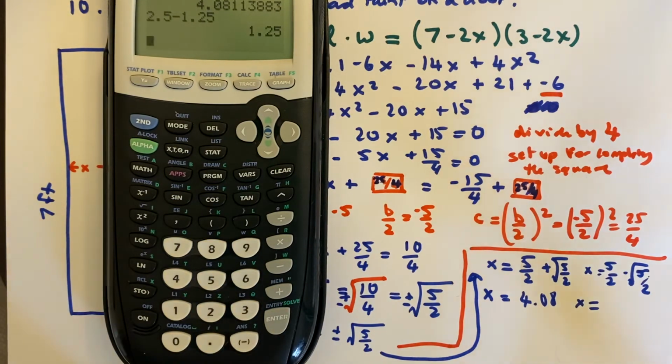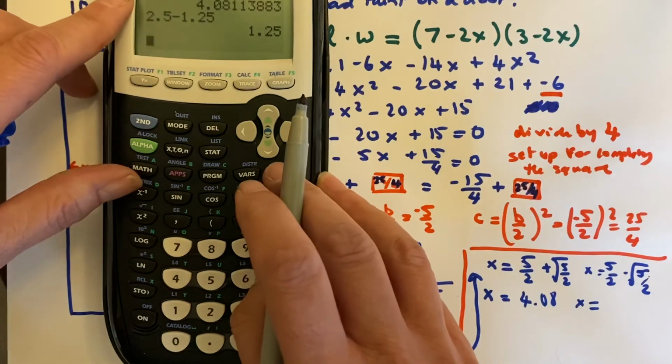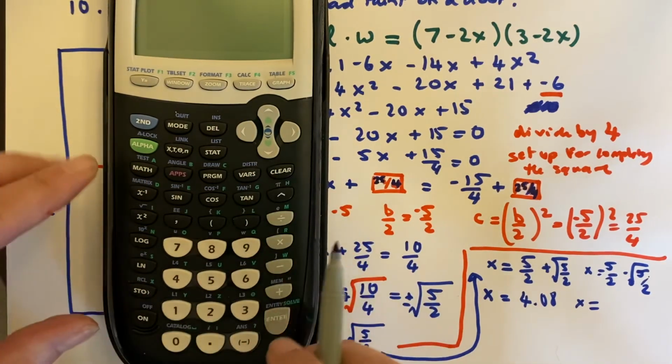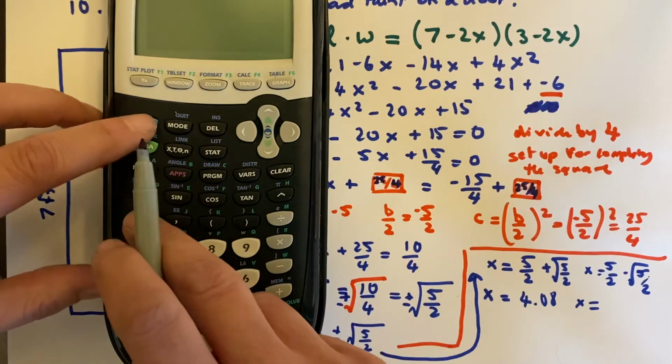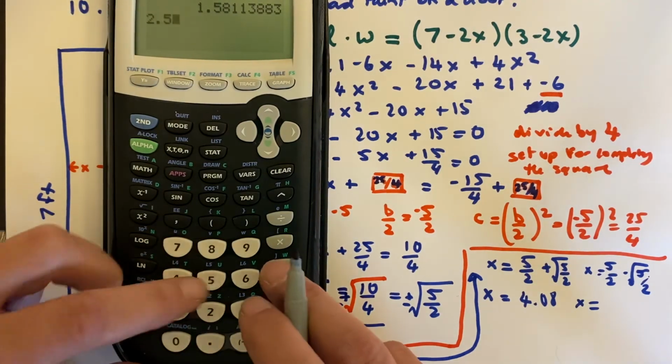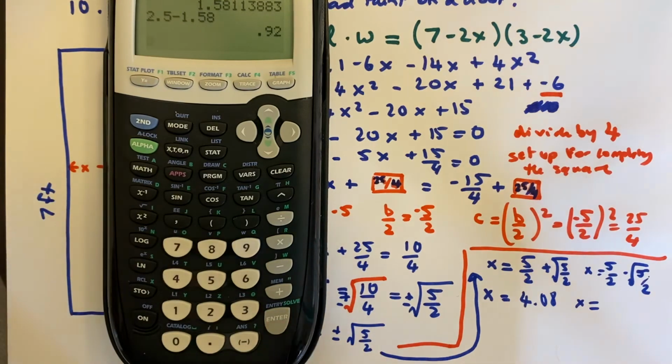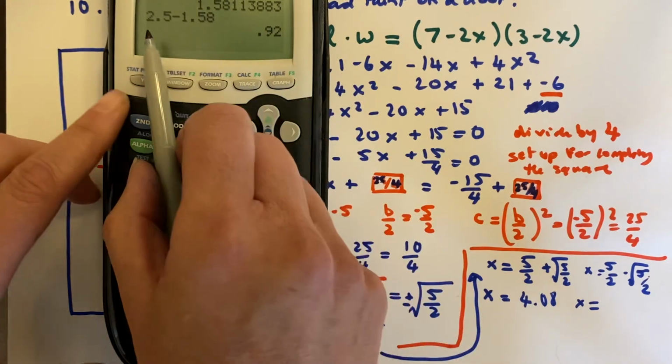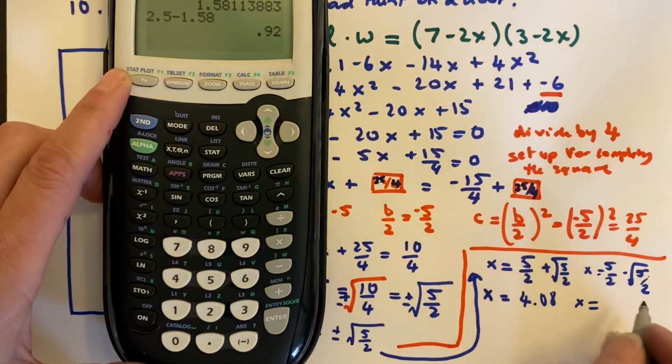Yeah, but that's not correct. Stay with me 1 second. Let me go back and see the square root of 5 halves. 5 divided by 2 is 2.5. Square root of 2.5 is 1.58. 2.5 minus 1.58. Ah, there we go. I don't know what I did wrong. All right, 2.5 minus 1.58 is 0.92.